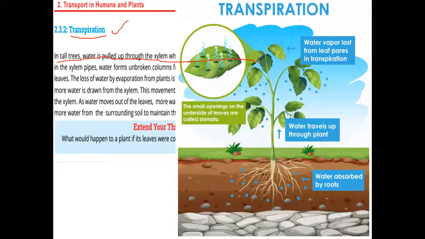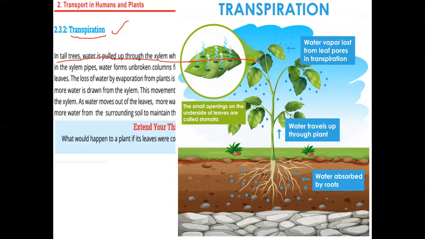If you see in this diagram, these are the leaves, and the leaves have small pores, small openings. These openings are called stomata. You have studied all these things in grade 6.